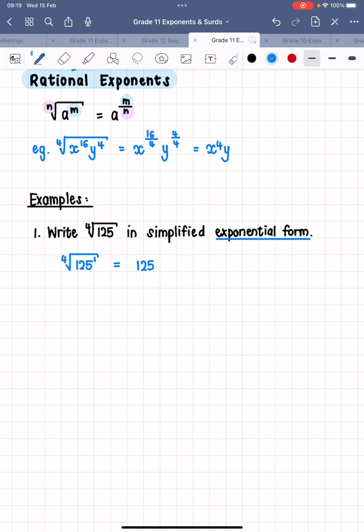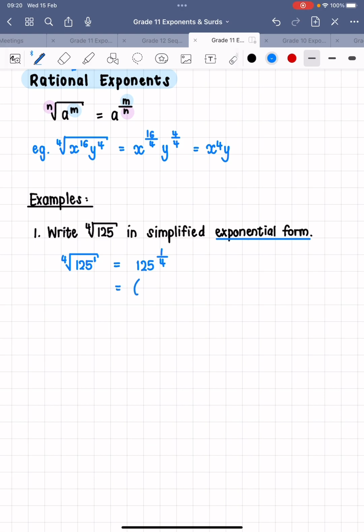Okay, sorry about that. So here the exponent on the inside of the surd is 1, so we're going to put the 1 at the top of that fraction, and that is then going to be over 4. That is the number on the outside. Now this is exponential form, but it's not simplified exponential form, because we can actually still change 125. 125 in itself is not written in simplified form.